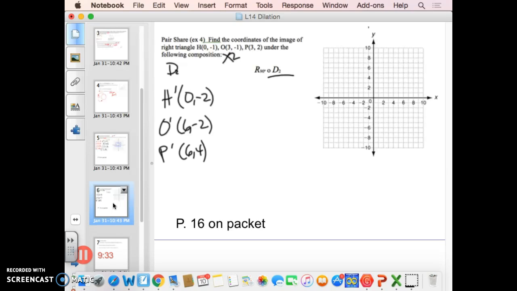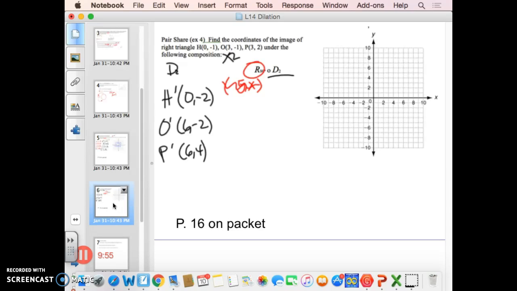Again, you can graph this on your graph paper. For whatever reason, my pen's not working properly today. Then we're going to do a rotation of 90 degrees. What that means is I'm going to take my coordinates and flip-flop them, so y comes first and then x, and the x is going to change and go negative.